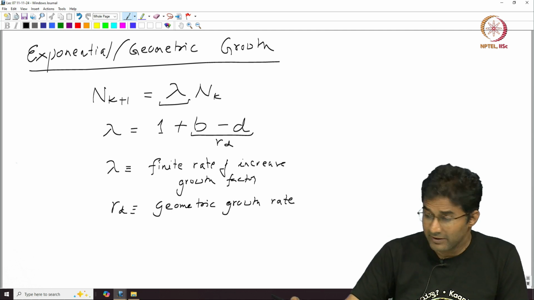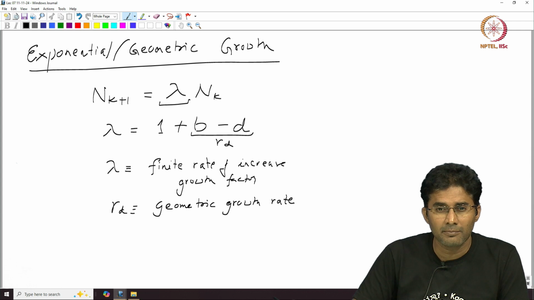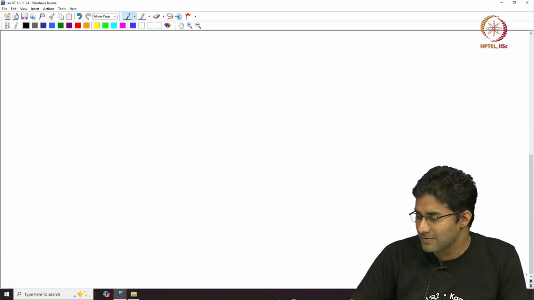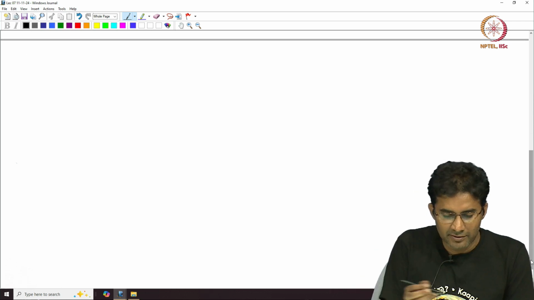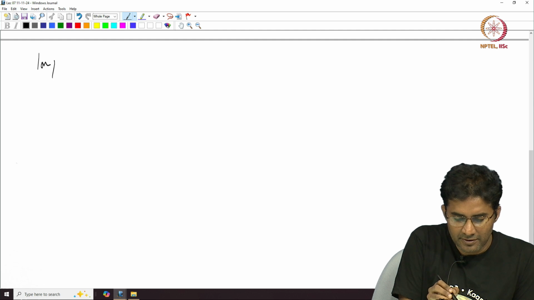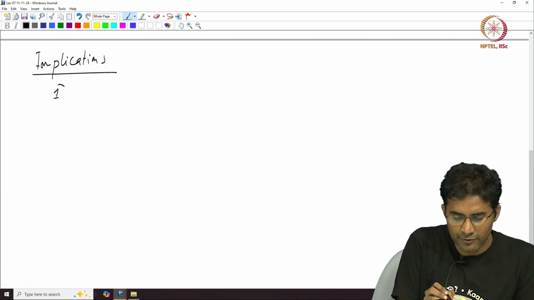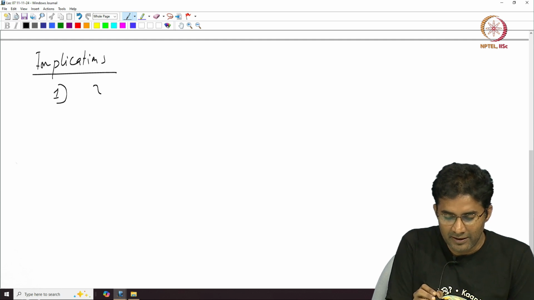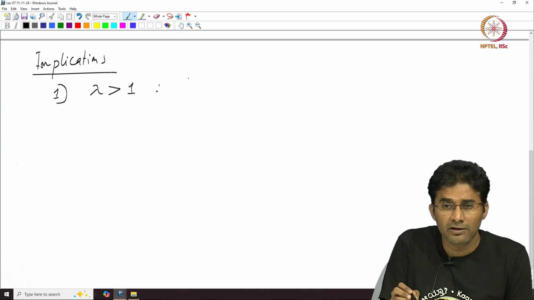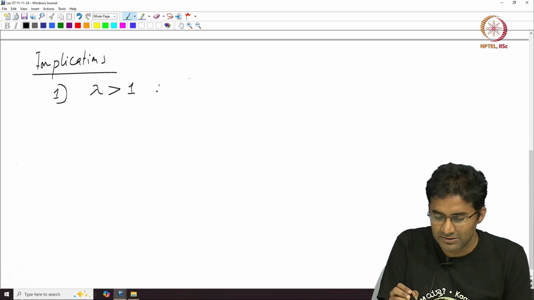And with this simple model we studied a number of simple implications. First and foremost, when lambda was greater than 1 we had an exponential or geometric growth of populations.